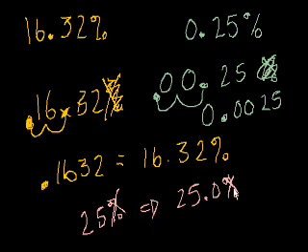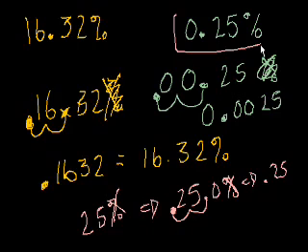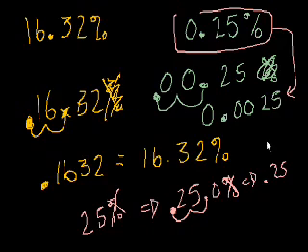So if we get rid of the percent sign, we move the decimal over 2 spaces to the left, and that equals 0.25 as a decimal, or 0.250, but we can ignore that last zero. So 25% equals 0.25, while 0.25% is equal to 0.0025. And I want you to maybe sit and think about how small a number 0.25% is.